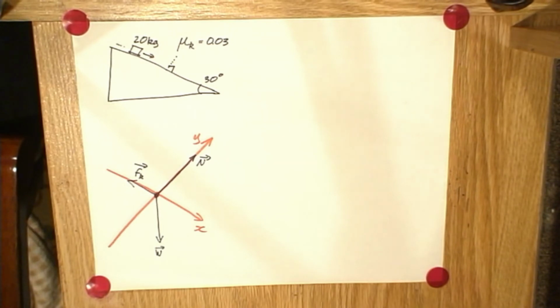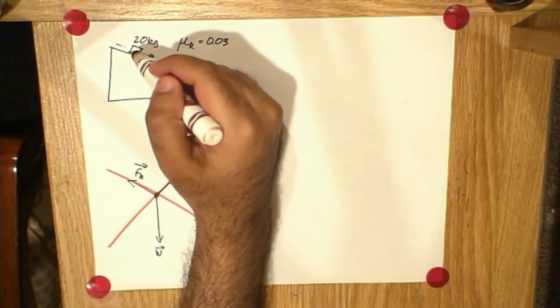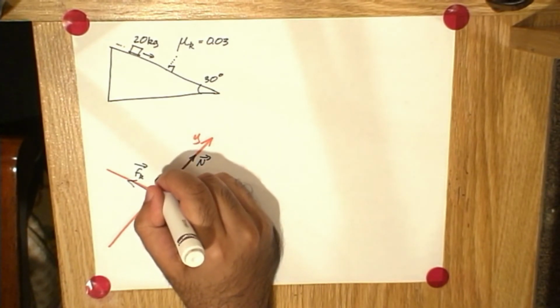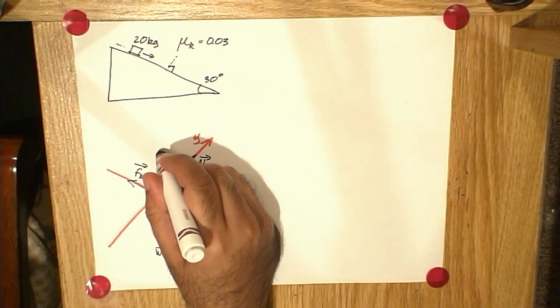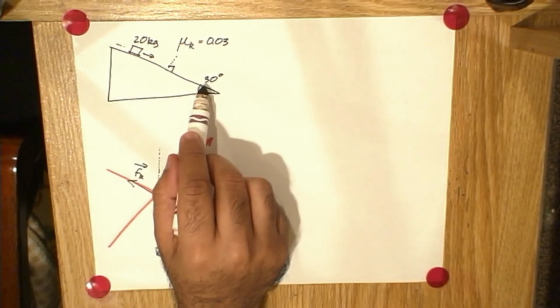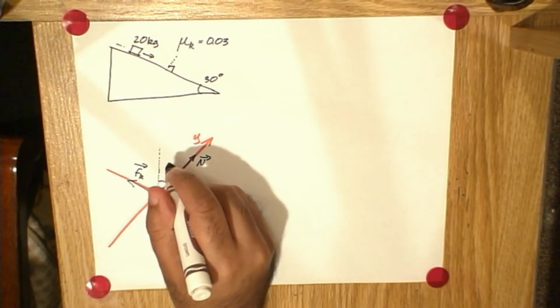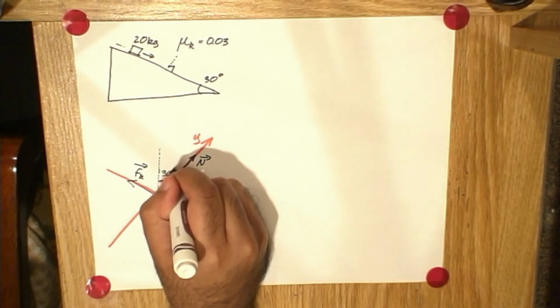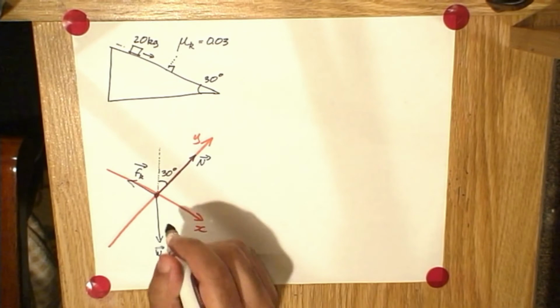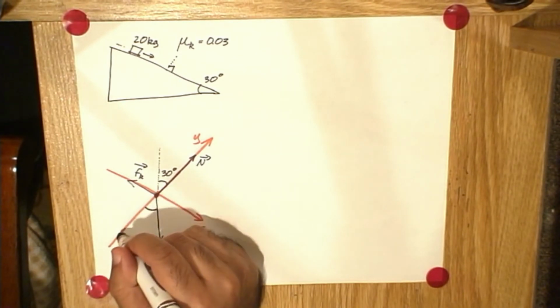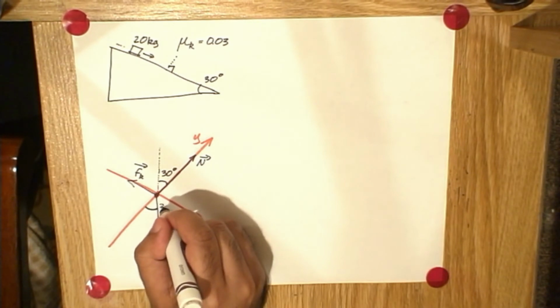Now, if this object had been on a flat, level surface, then the normal force would have pointed straight upwards. But because this is a tilted surface at an angle of 30 degrees, the normal force points 30 degrees away from the vertical, which means that this angle here between the weight force and the y-axis must also be 30 degrees.